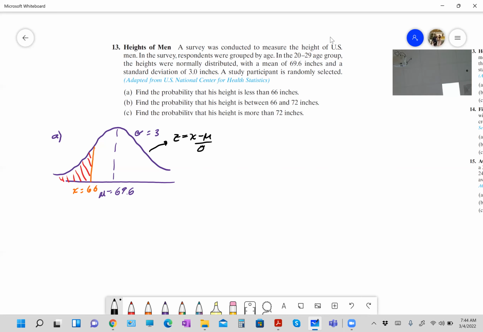Now the x could be the middle, and if you did it in the middle, it'd be 0, because let's say our x was 69.6. We do 69.6 minus 69.6 and we get 0. I could say, what is the probability that the height of the man is less than 69.6? In that case, you take x and subtract the mean, which is the same, and it comes out to 0, which makes sense because z equals 0 in that case. But in this case, obviously it's going to be negative.